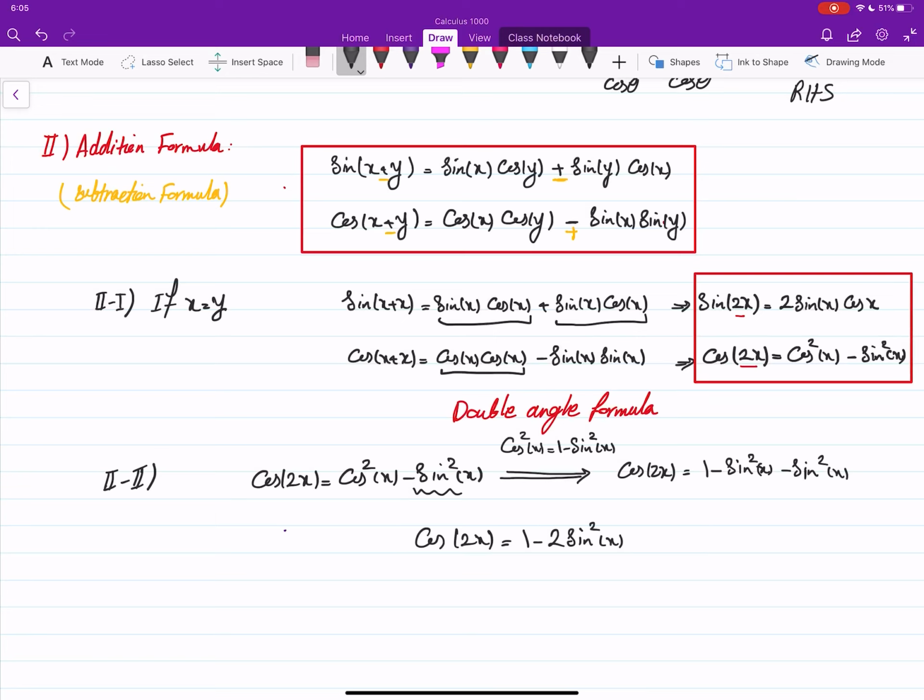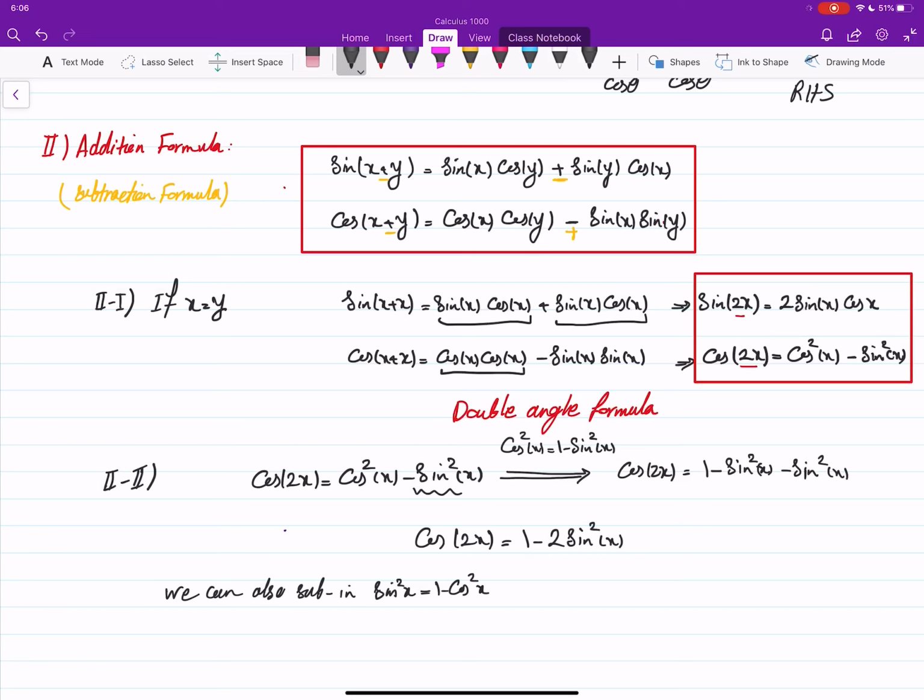Well, instead of writing cosine squared equals 1 minus sine squared, we can also substitute sine squared x equals 1 minus cosine squared x.